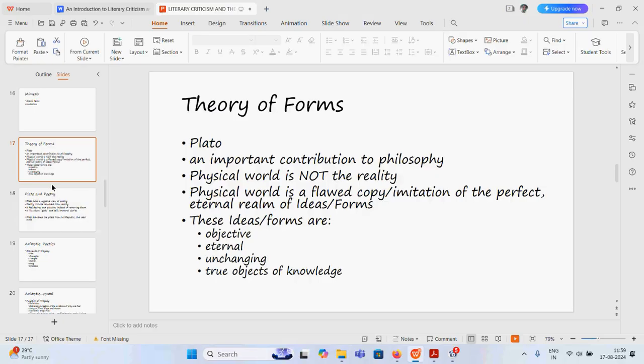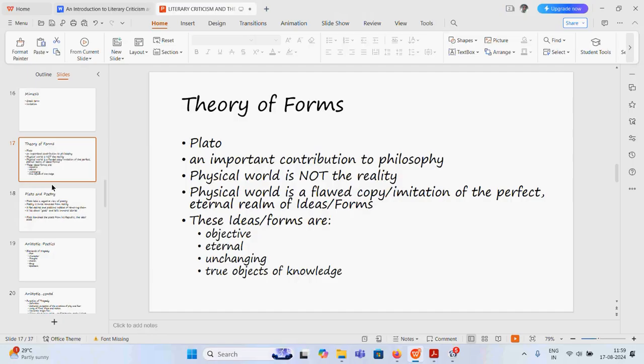How do we understand these ideas and forms? They are objective, they are eternal, they are unchanging, and they are true objects of knowledge. So Plato believed that the forms exist independently of our human thought or perception, and these forms are the ultimate source of all reality.